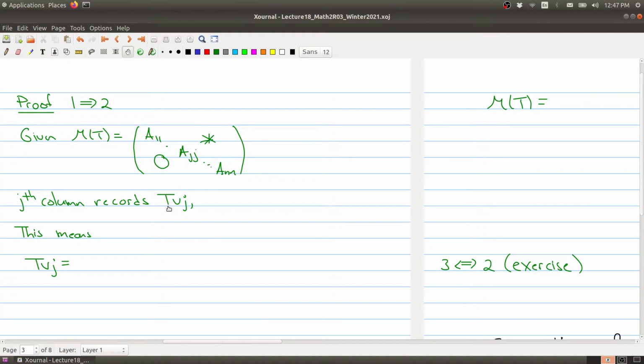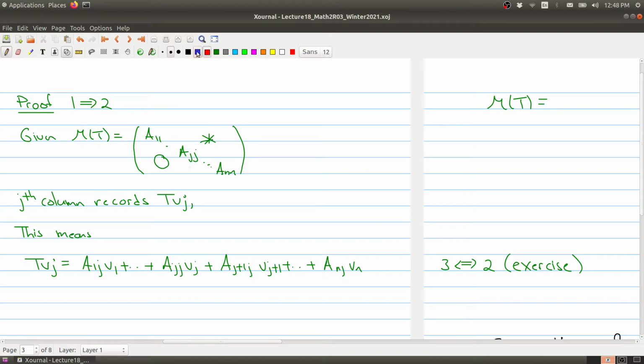So normally Tvj would be written in terms of its basis, so it would look like a_1j v_1 all the way up to a_jj v_j plus a_(j+1)j v_(j+1) all the way to a_nj v_n.